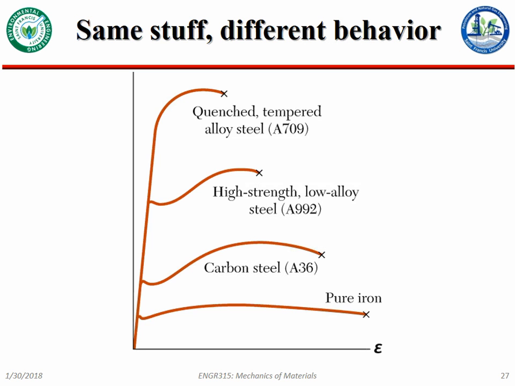One of the last things I wanted to touch on with stress-strain curves is alloys. So these are all different ways that you can adjust iron. So does anyone know what steel is? Yes. Carbon and iron? Essentially.